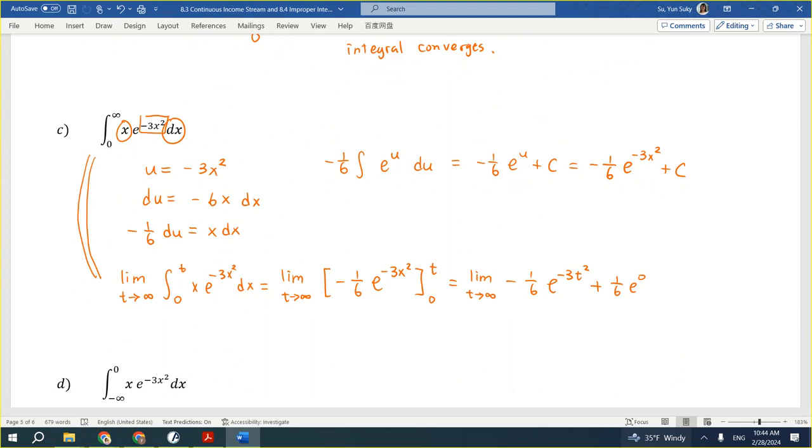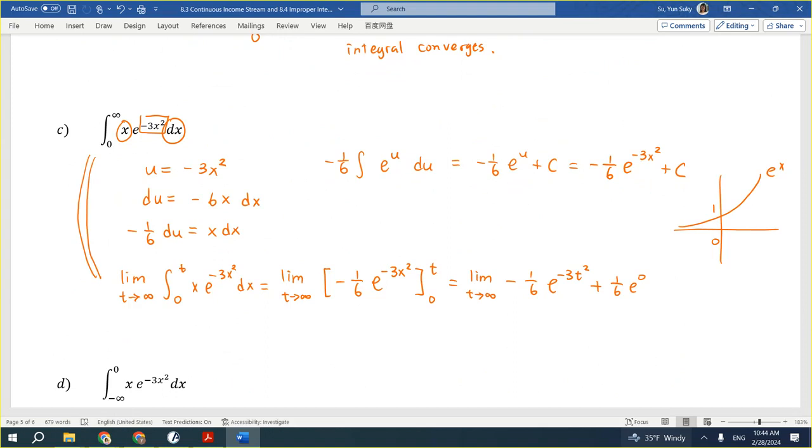Let's see. The exponential function looks like this, right? This is e to the x. It passes through (0, 1). What does this mean? When t goes to infinity, t squared goes to infinity, but negative 3t squared goes to minus infinity.